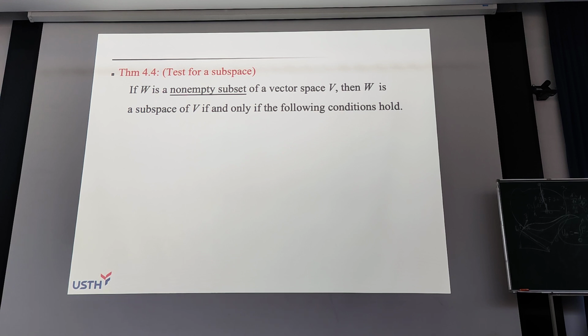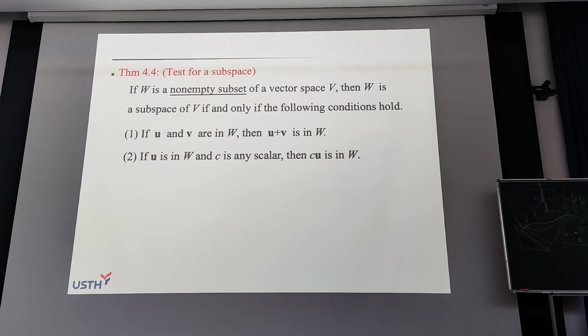We are given W, a non-empty subset of V. Then, if we want to verify it, we need not verify the 10 properties of a vector space. We need only to verify property number 1 and property number 6. W will be a subspace of V if and only if we have those two.